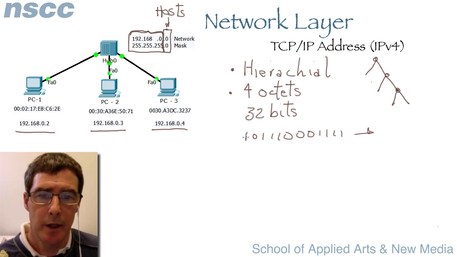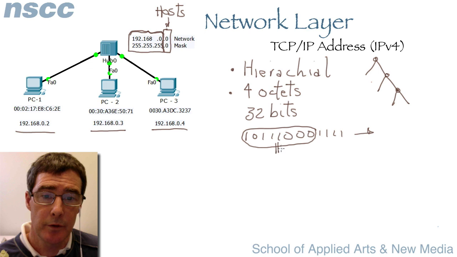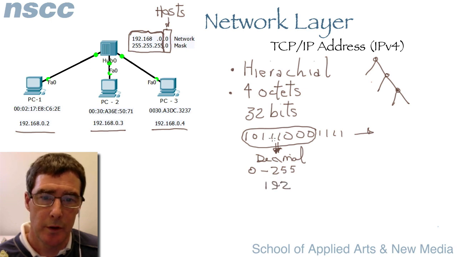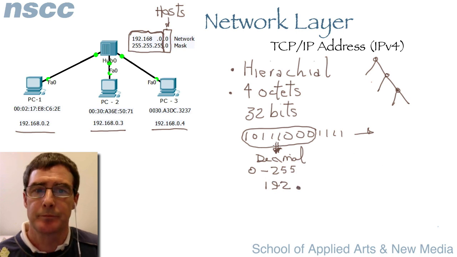So we take them in groups of 8. This time we could convert them to hex, but we don't. The convention is to convert them to a decimal number, and so you'll get some number between 0 and 255. So in our example here, this might be 192, although this is not the binary for 192, and so on.